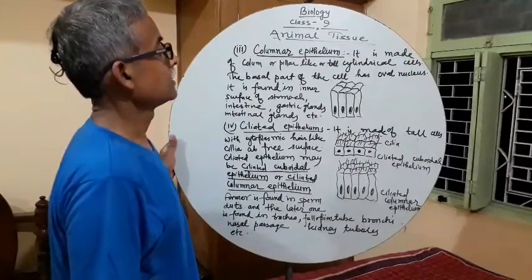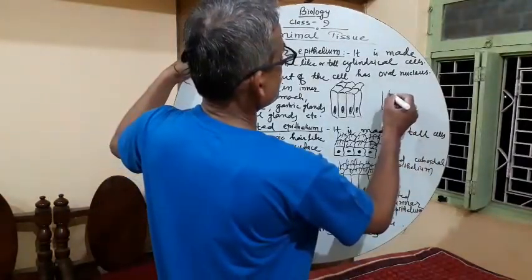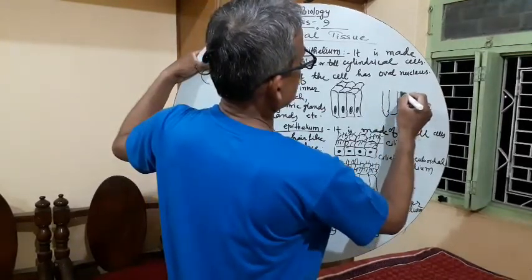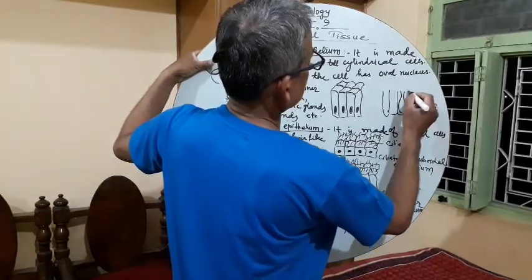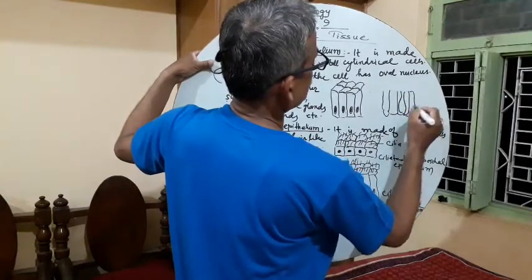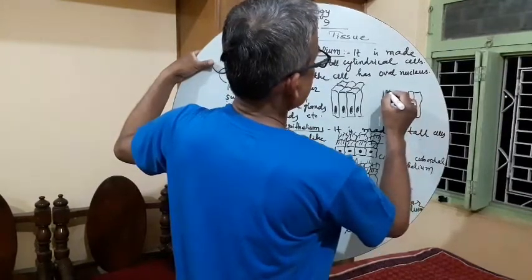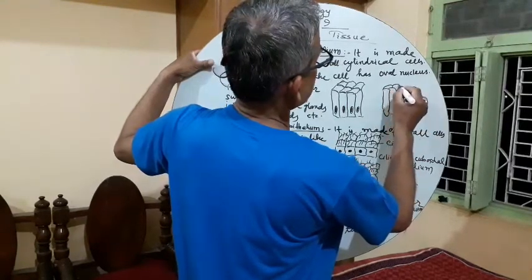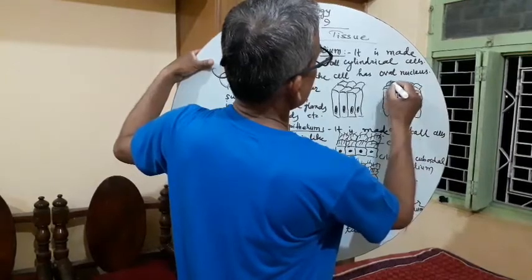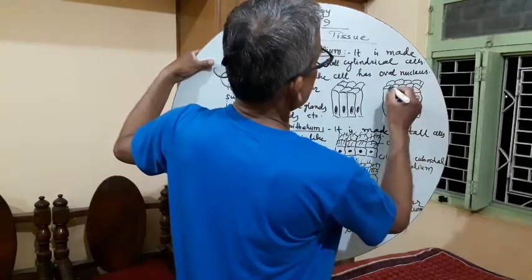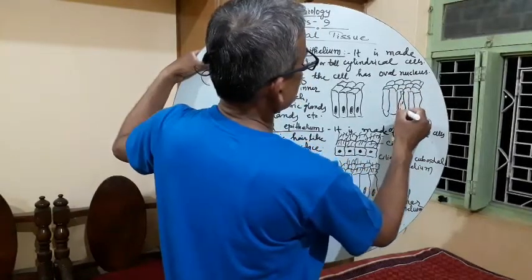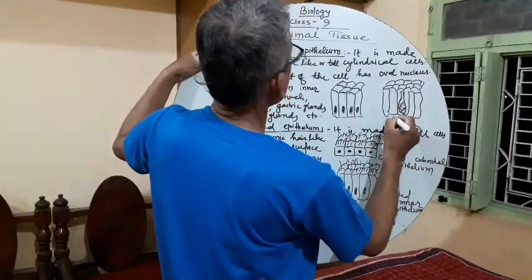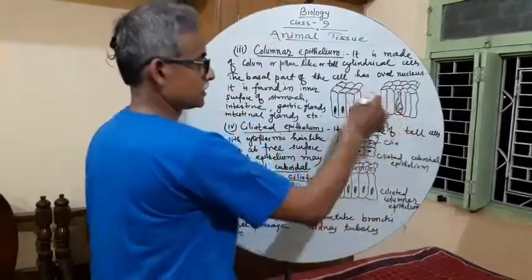In some cases, there are certain structures among the pillar-like cells. This is glandular columnar epithelium.